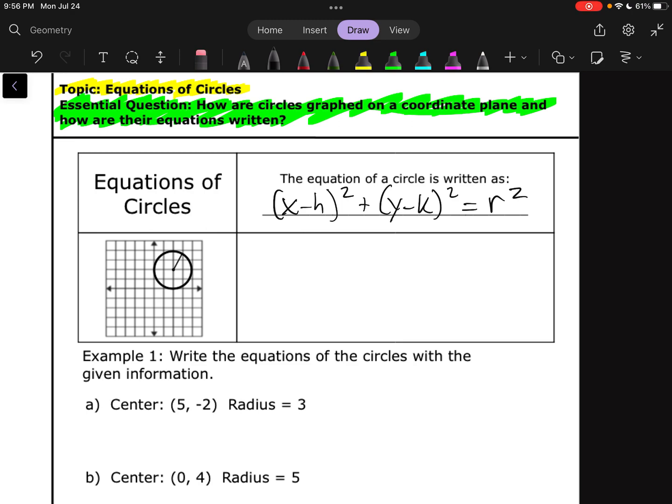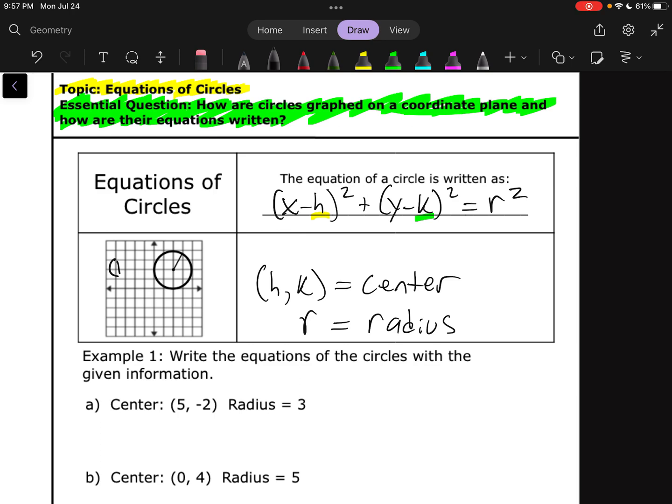So what do these letters mean? Well, oops, I meant to highlight there. H and K are going to be the coordinates of the center, and R is the radius.